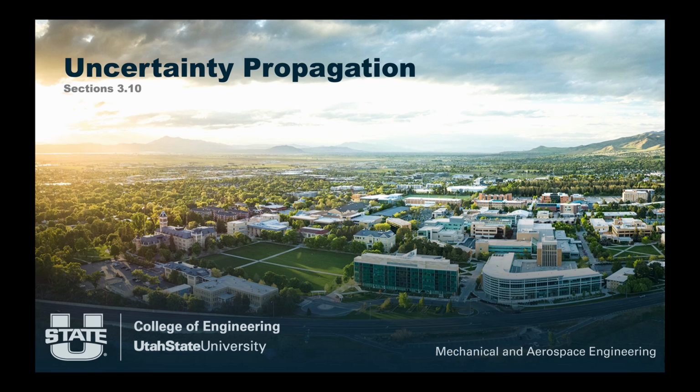And so uncertainty propagation asks, what is the uncertainty associated with the variable that comes out of a governing equation based on measuring each individual quantity that rolls up into that governing equation?